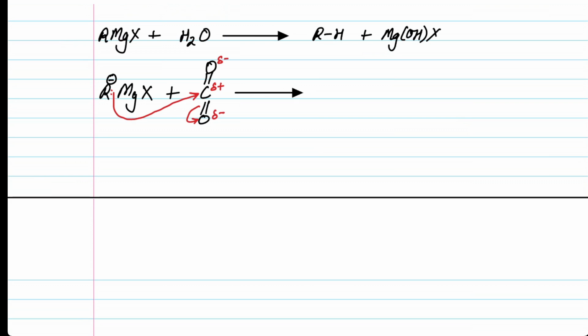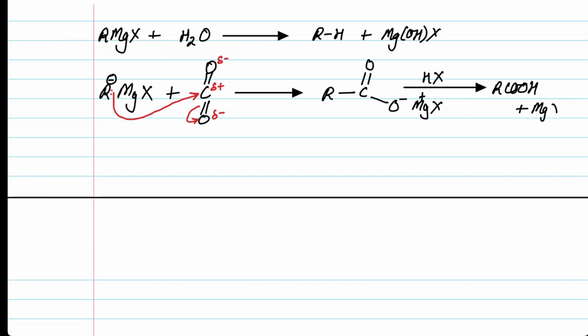This would form R, C double bond O, and this oxygen with the negative charge, and we have MgX positive here. Now further, if we add any group containing acidic hydrogen, most often HX, it will give us RCOOH along with MgX2.